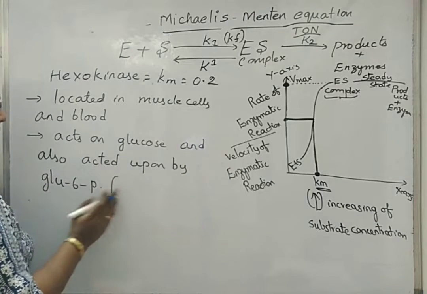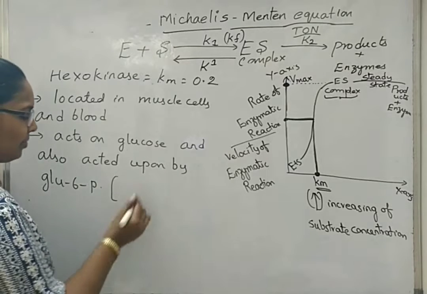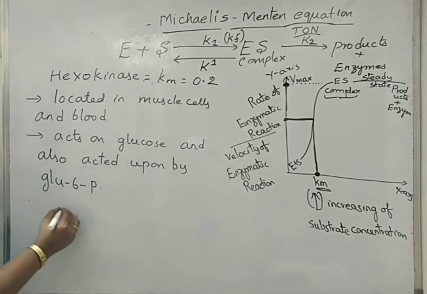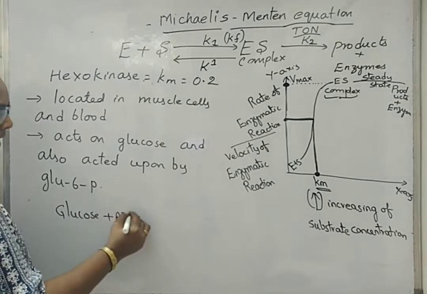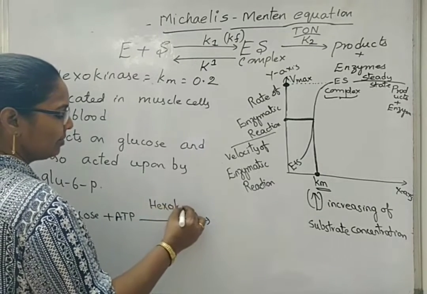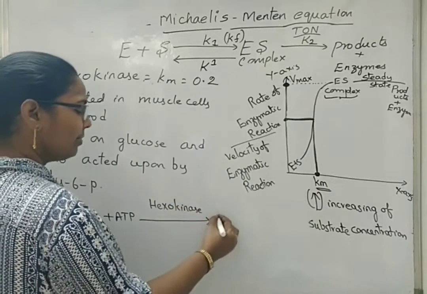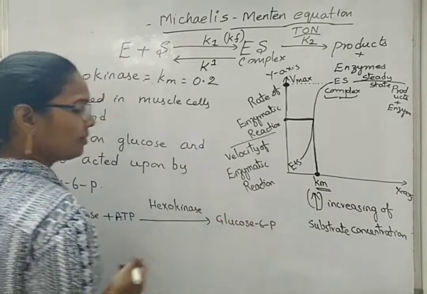When this hexokinase is acted upon by glucose 6-phosphate, we call it a feedback mechanism. That we will see step by step. Glucose in the presence of ATP and the enzyme hexokinase gets converted into glucose 6-phosphate.